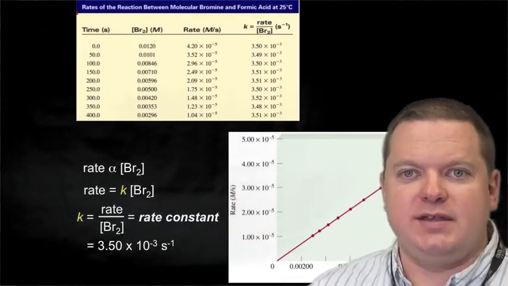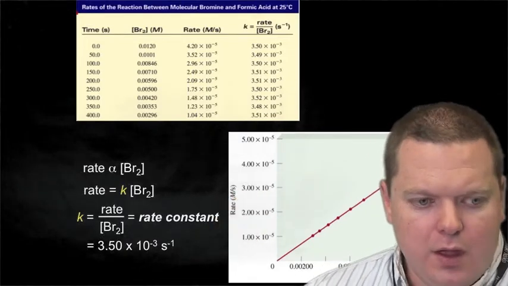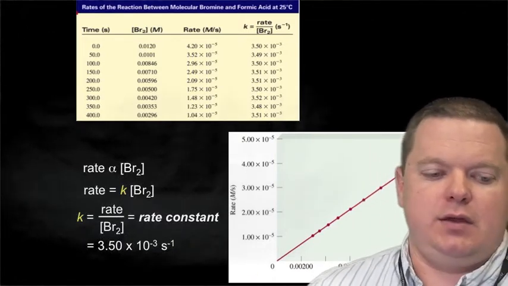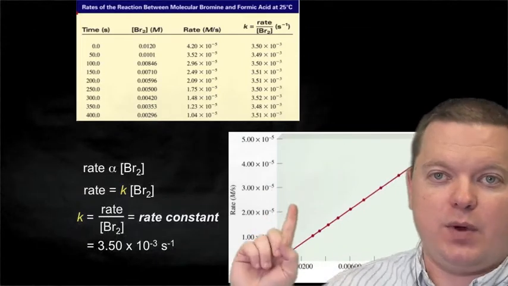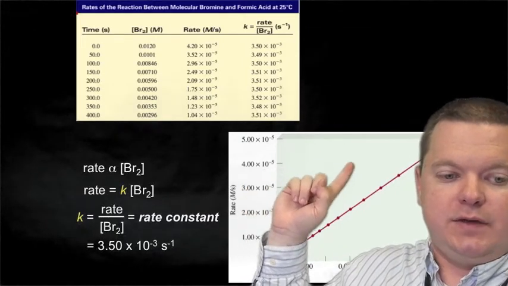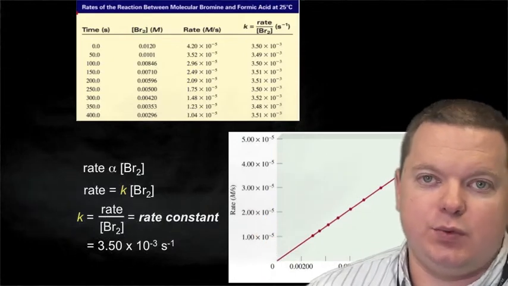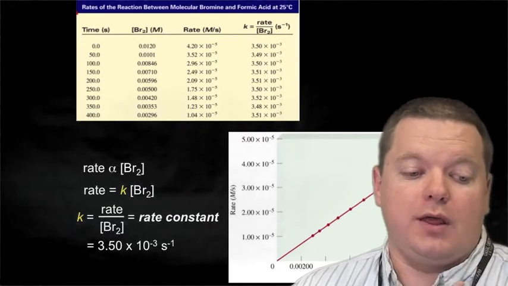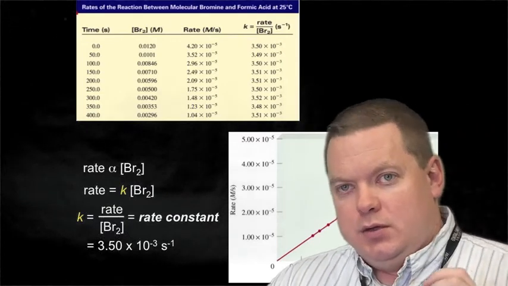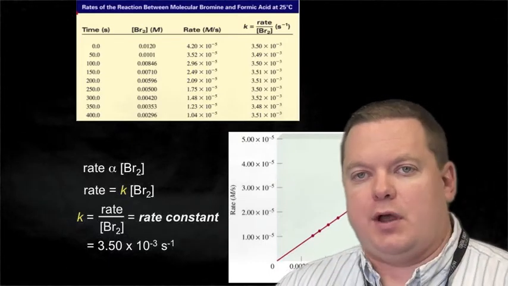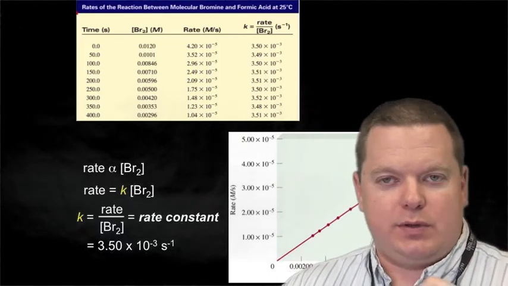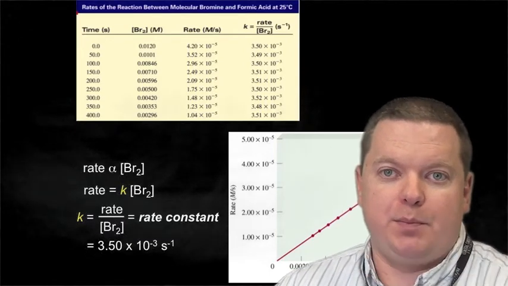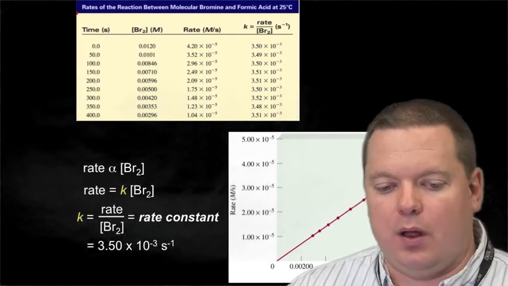So if we look at a whole bunch of instantaneous rates versus the concentration of bromine present for that reaction before, we see that if we take the rate that the reaction is occurring divided by the concentration present, we get a constant. And that constant is this proportionality factor, what we're calling the rate constant. So this is going to come into play later when we discuss rate laws, but remember, the rate isn't directly equal to the concentration. There's some proportionality constant there, which we call the rate constant.